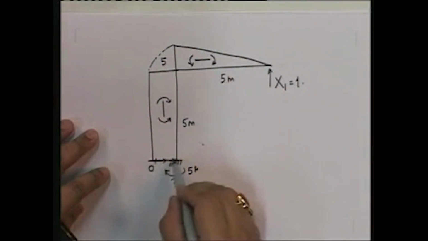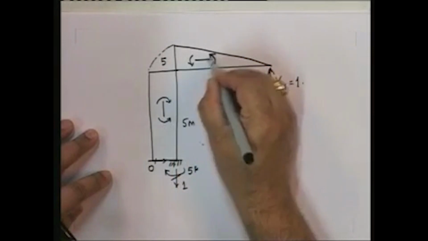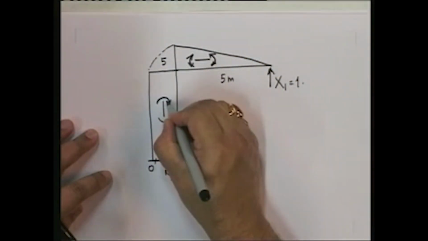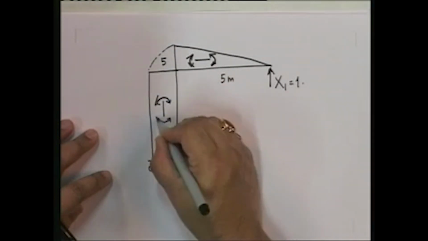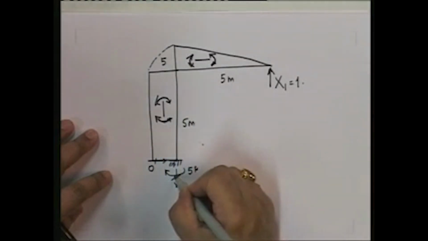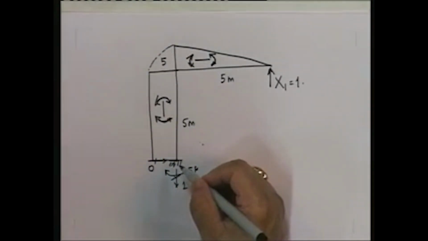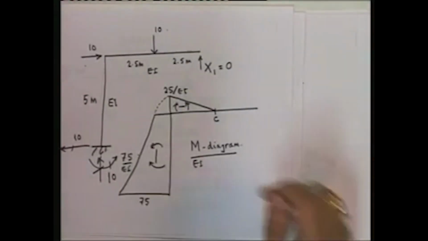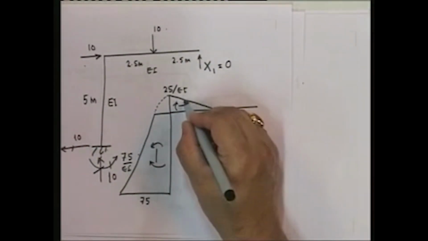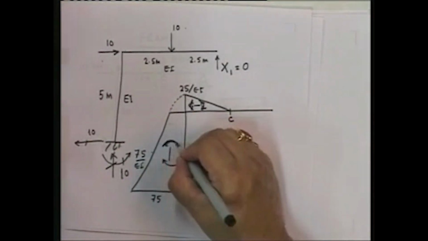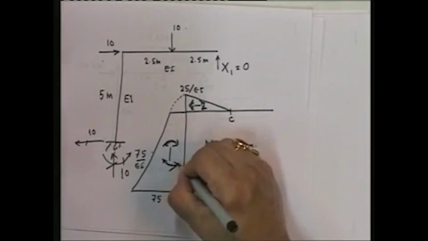And you will see that at this point, it's going to give rise to a sagging moment. It is actually this way. And that is correct, that if you look at this, you'll get it over here. Here, it's actually the opposite way. If you look at this, this is this way, and this way. This is the opposite way.